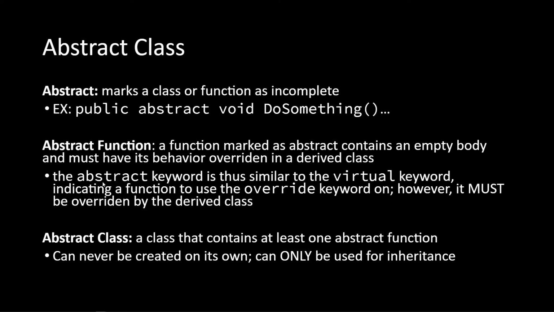But in the case of an abstract function, it has no functionality of its own, and it must be overridden by the derived class. Now, an abstract class is one that contains at least one abstract function. You can never create it on its own. It can only be used for inheritance. Okay, so it's a special case.